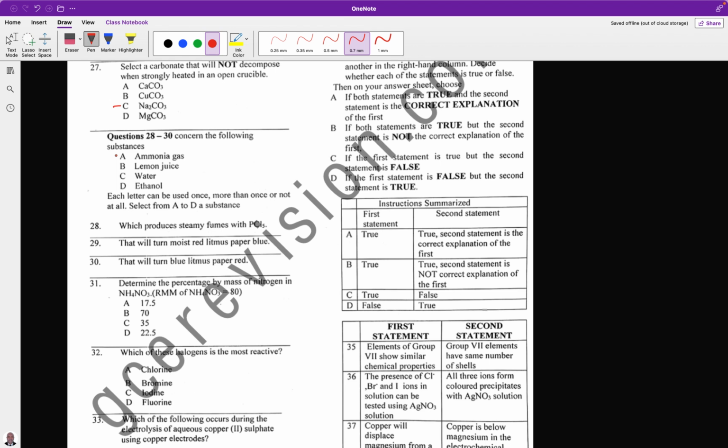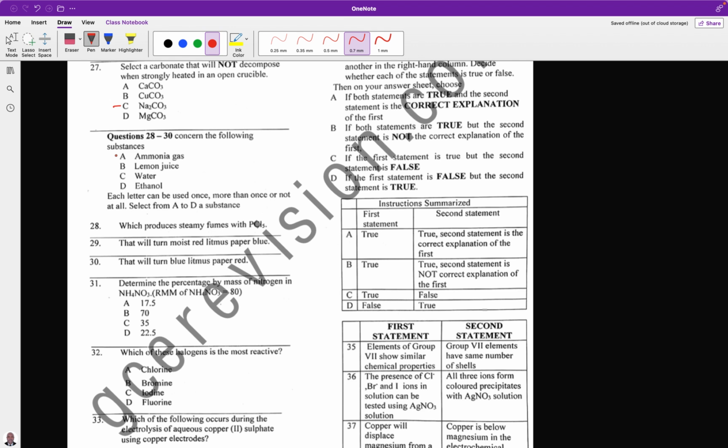Select from A to D a substance which produces steamy fumes with phosphorus pentachloride. This is usually used as a test for alcohol.